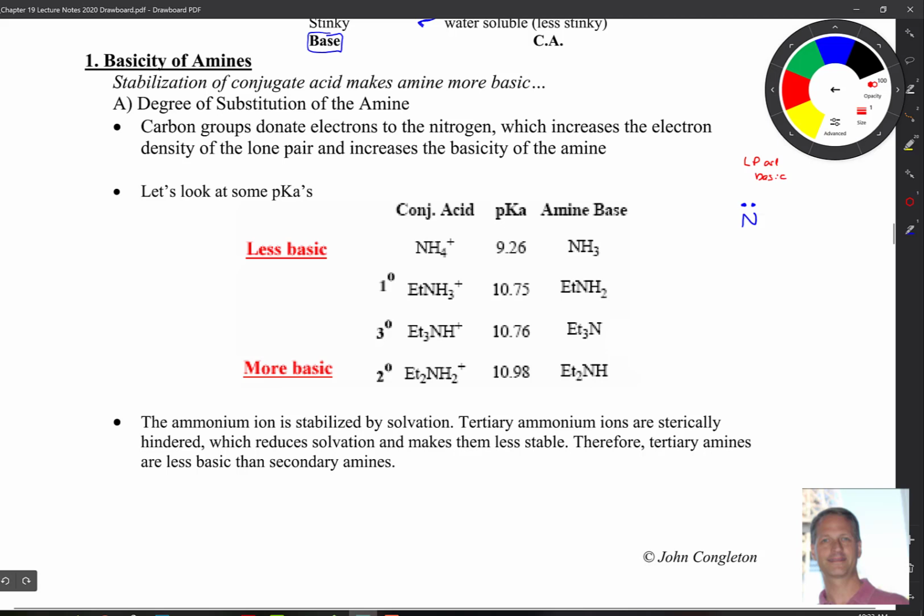The more available those are to make a bond with H, the more basic we are. So if you put on here an R group, another R group, and then a third R group, then each one of these R groups in essence donates electron density to that lone pair through induction and makes that lone pair stronger or more available to make a bond with a hydrogen atom.